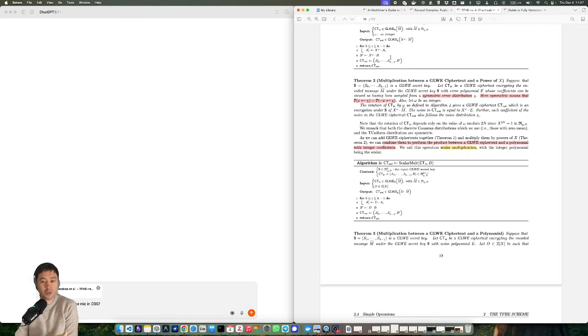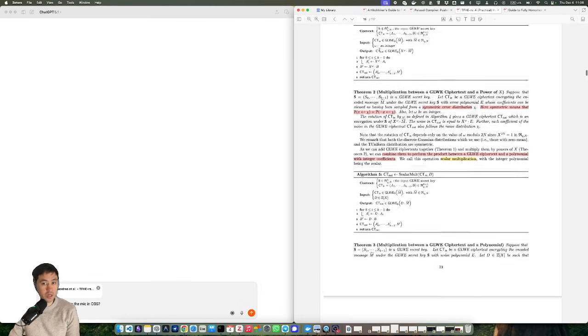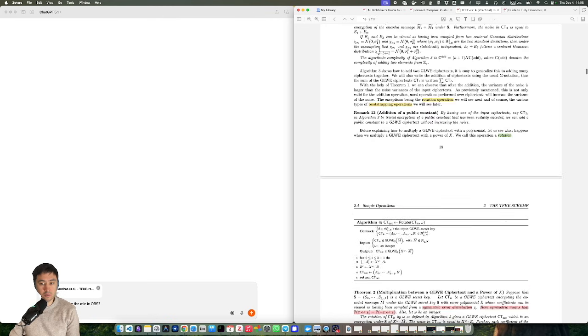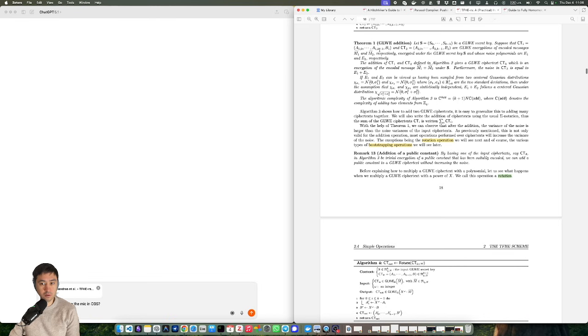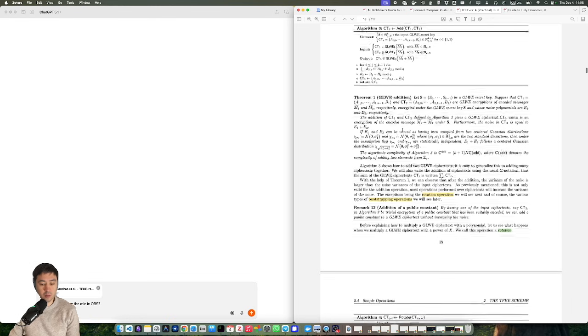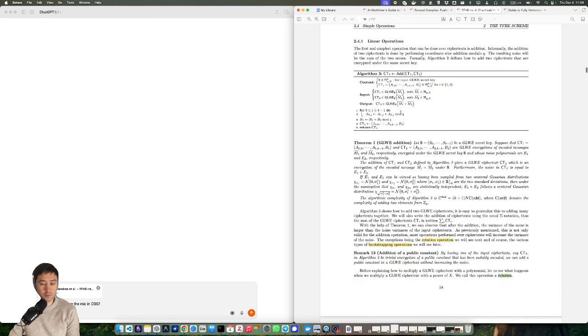Oh no, no. Okay, so this multiplication by d, where d is basically a polynomial, you can say that d is X to the power 0 times the trivial encryption of something, which you've seen here, plus X to the 1 times the trivial encryption of something else, blah, blah, blah.